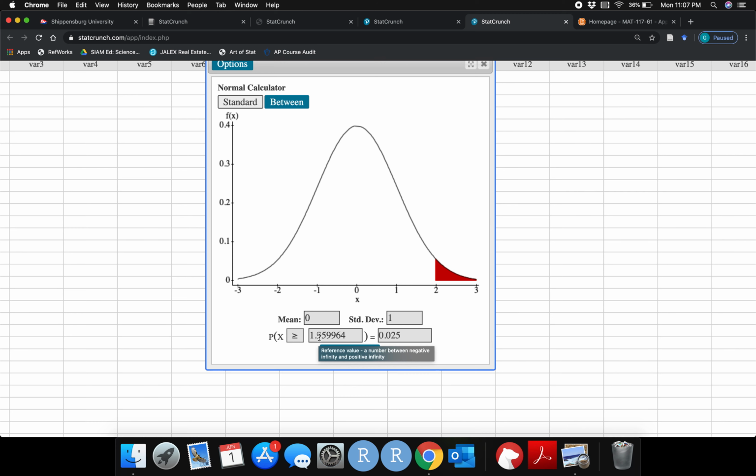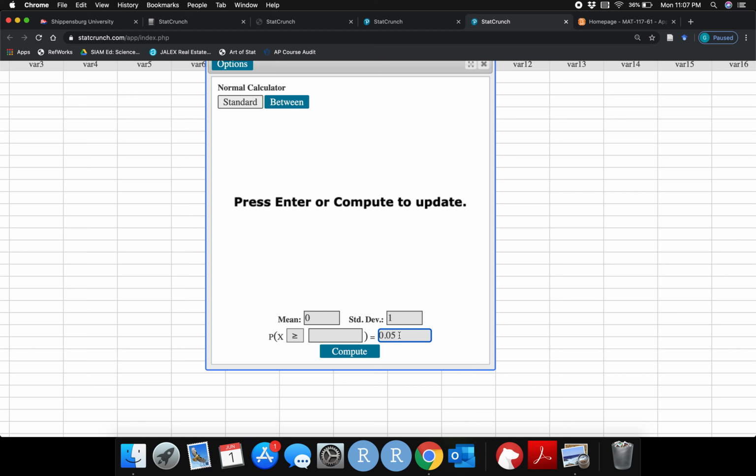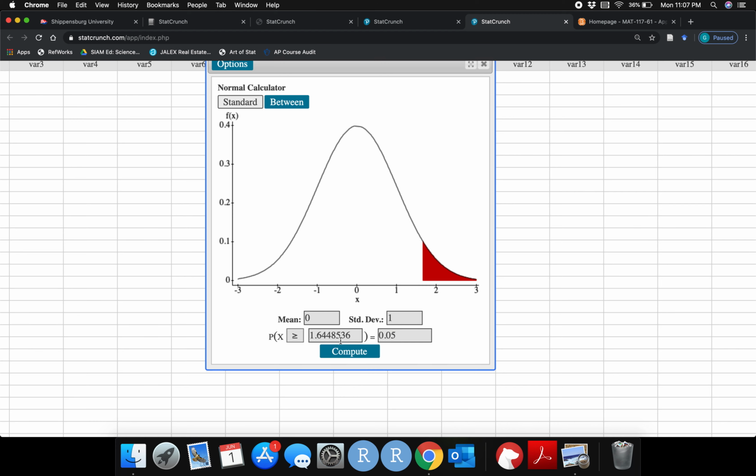If 90% is in the middle, that means 10% is on the tails, and that means on the right side, I want 5%. So instead of 0.025, I put in 0.05, and the number is 1.6448, or round that to 1.645.